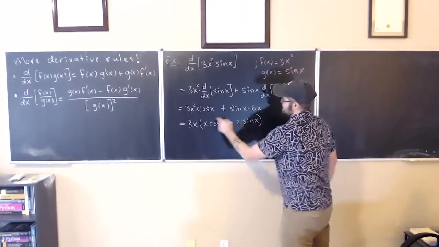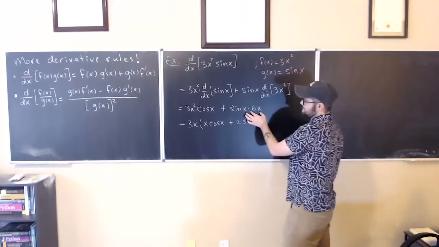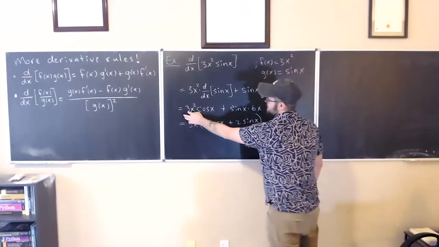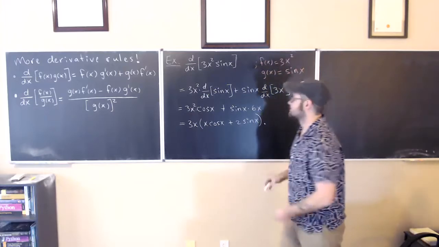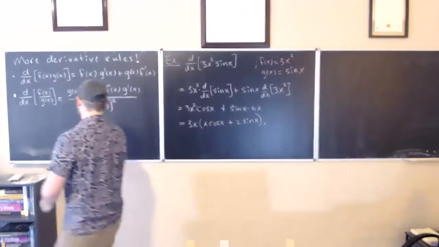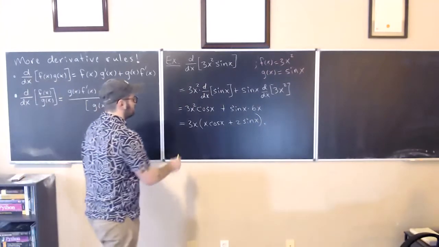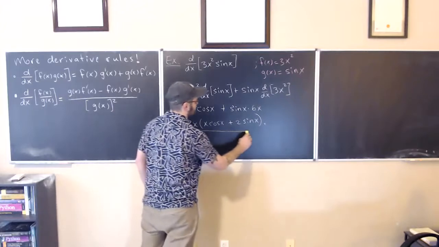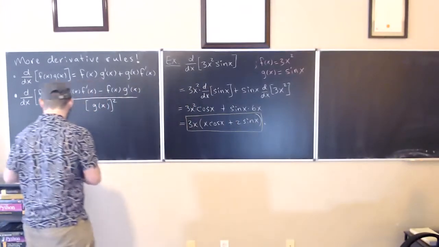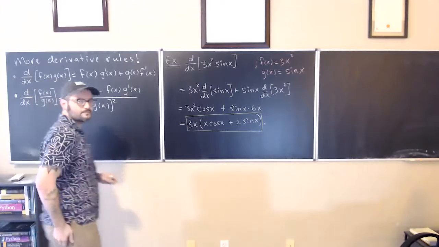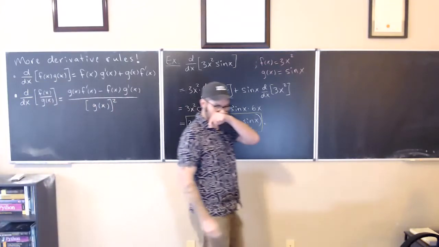Right, we took a 3x out from here, so we're left with just 2. And we took a 3x from there, so we're left with just x. Okay. So then this here would be the final answer. Any questions on that?